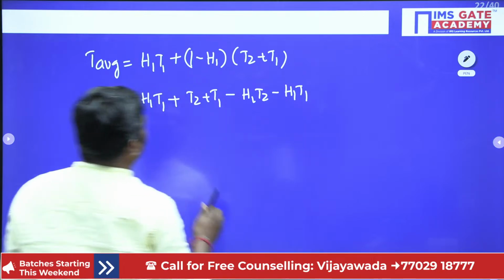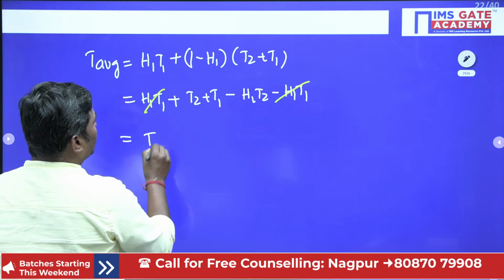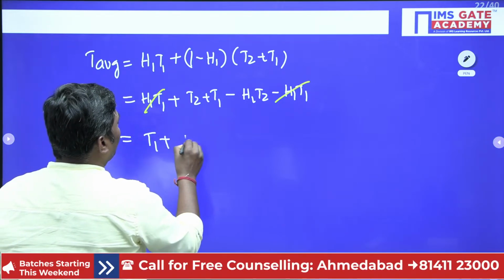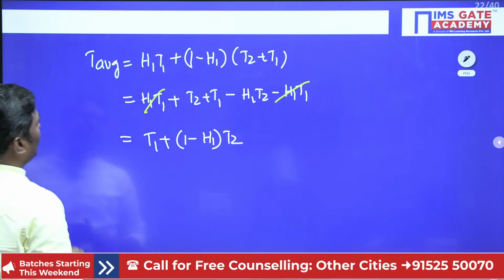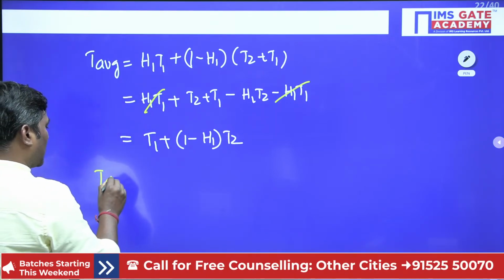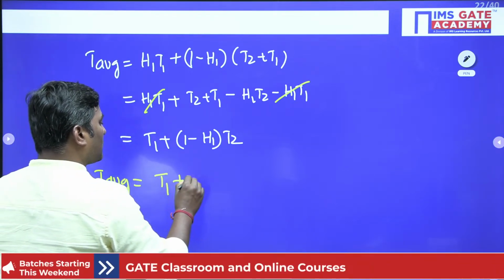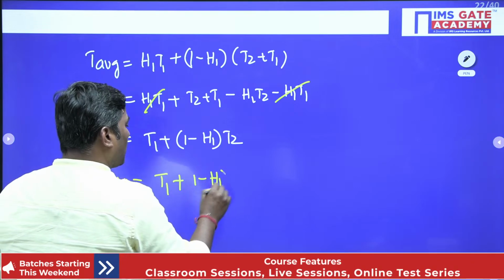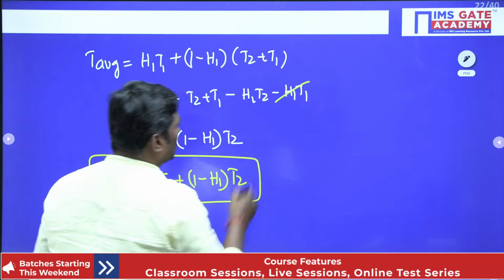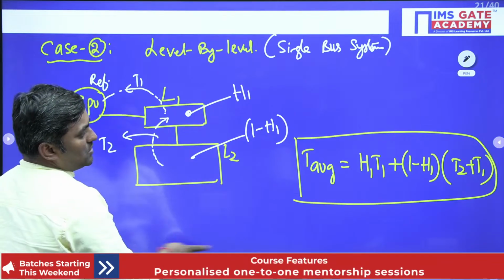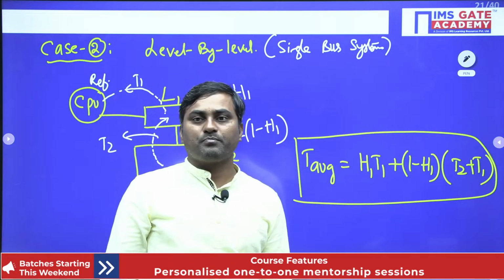These two terms cancel, so I get T1 plus, taking T2 common, (1 minus H1) into T2. So we can rewrite T average equals T1 plus (1 minus H1) T2. This is the simplified expression. Both are the same, and you can use either one for problem solving.